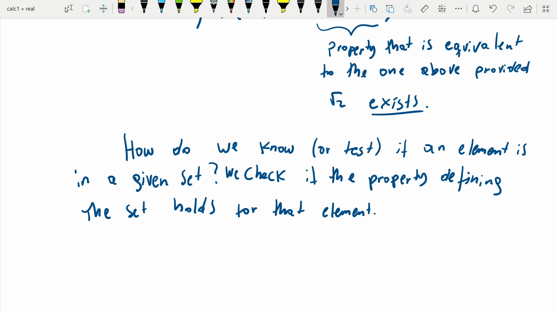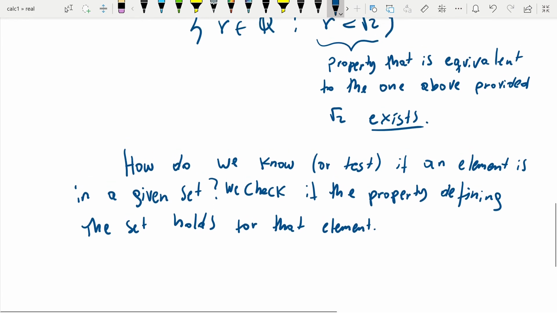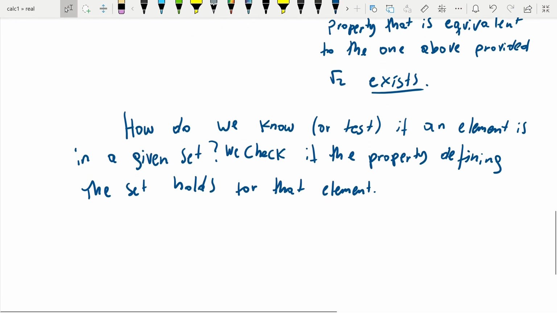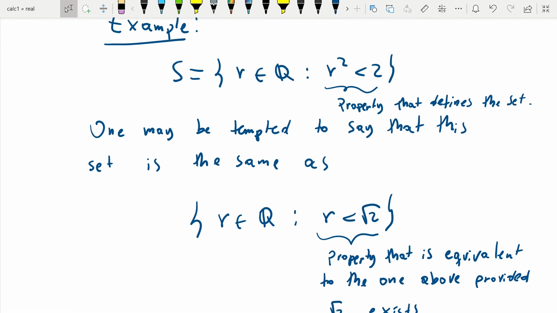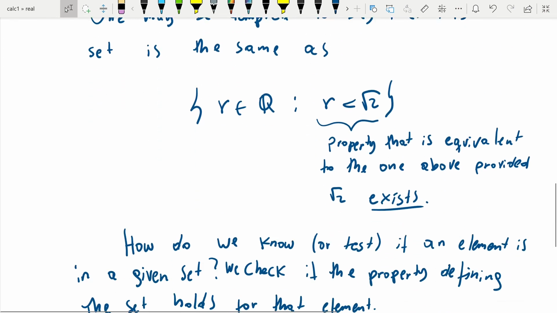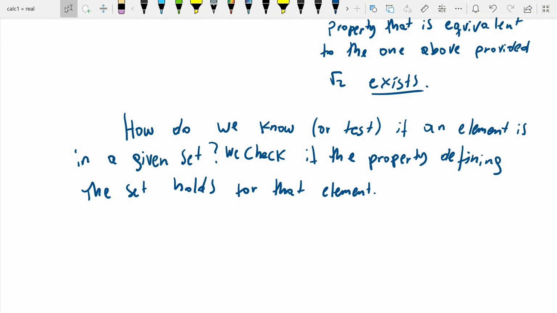I'm not saying a number because sets can be made of more things than numbers. Sets can be made of sets, can be made of functions, and more complicated objects. It just so happens that in this case, the set S is made up of numbers in Q. So in order to check if an element is in a given set, we have to look at the property and see if that element satisfies it or not.